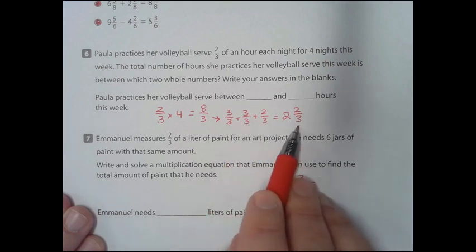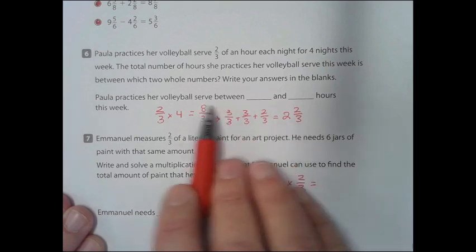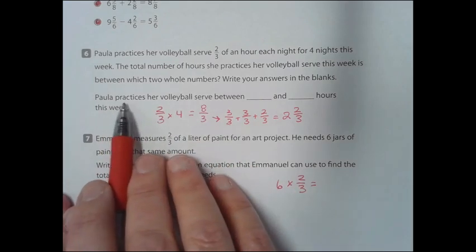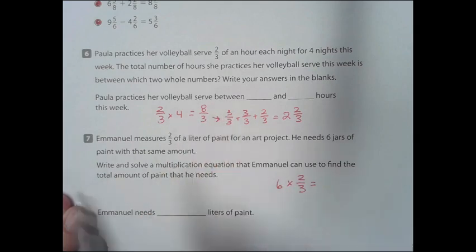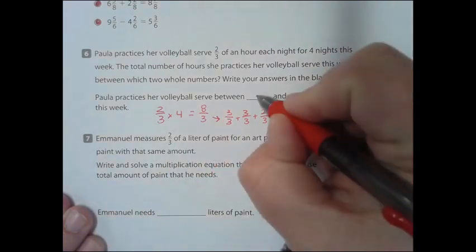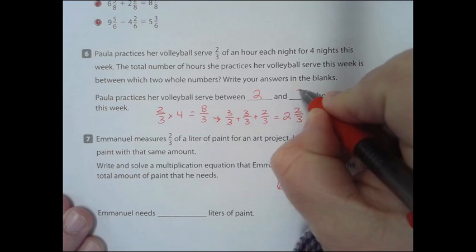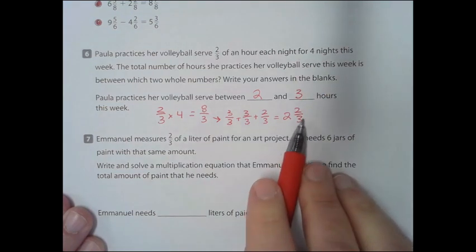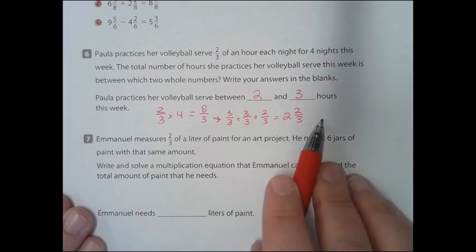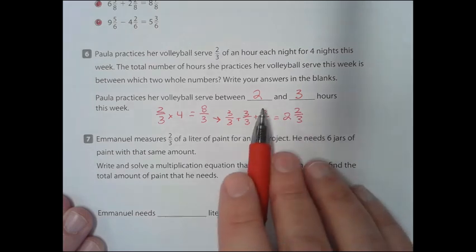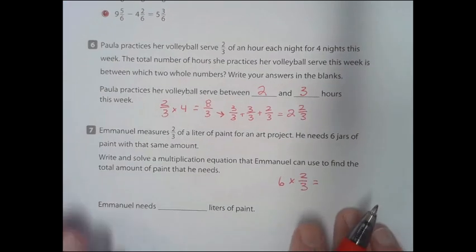So it's 2 and 2/3. So the answer would be between 2 and 3 hours, right? Because 2 and 2/3 is a little bit past 2 wholes, but it's not quite 3 wholes. So that's why it's between 2 and 3 hours.